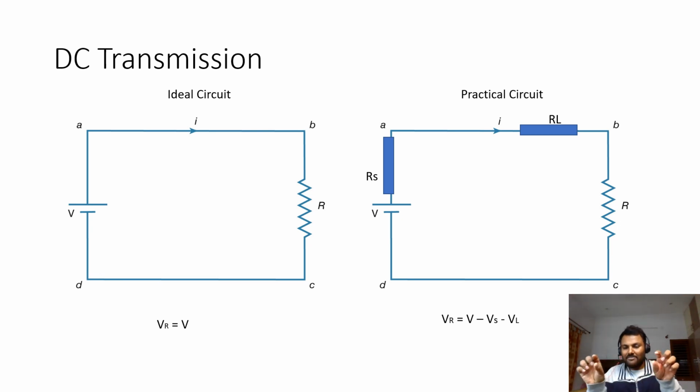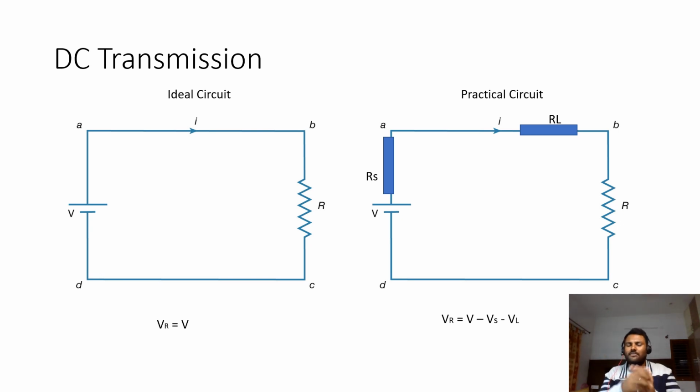The wire we connected also has resistance, and because of that, some voltage drop will occur in the wire. So everything is subtracted from the voltage, and only the remaining voltage will come at the output points B and C. This is the simple circuit.